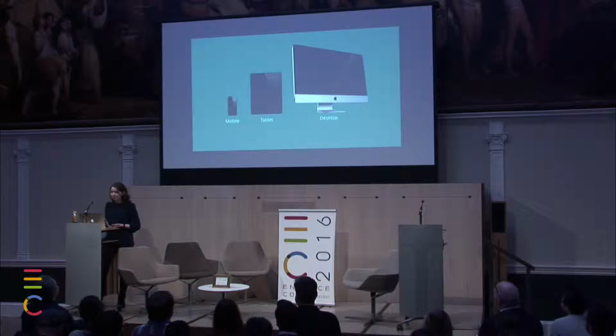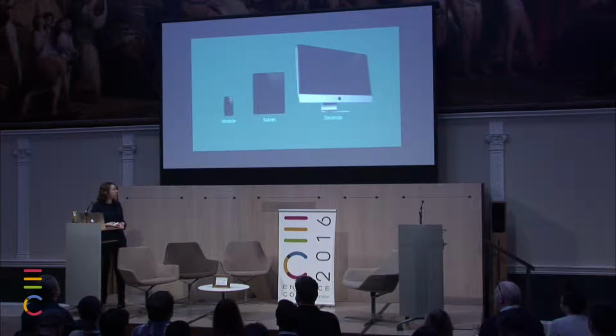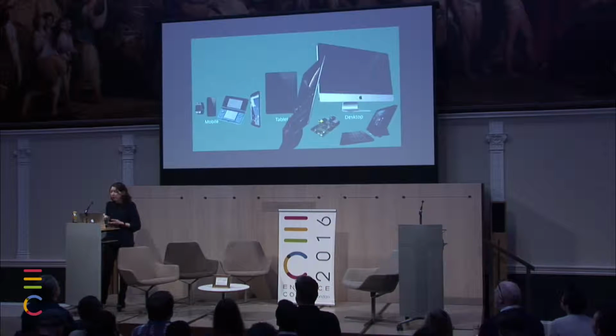So these are the three forms of input we typically consider at the moment when we build websites. And we tend to pigeonhole devices like this, but it's just not a sustainable model. Because there are so many in-betweens and outliers, and Cameron Moore calls these pigeonholes device silos.